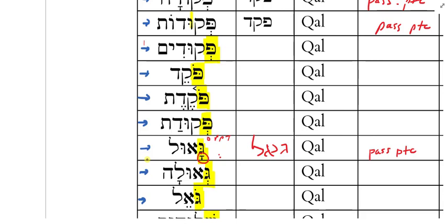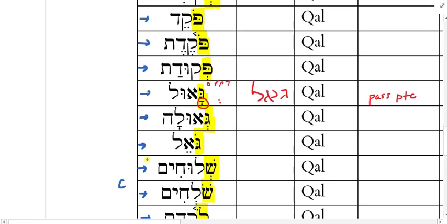Redeemed. It's the same in English. There's no difference in translation value. So Ga'ul and Ge'ulah mean redeemed, but this one describes a masculine singular and this one describes a feminine singular entity. Go'el. It's redeeming. Why? Because it's got a holem here. It's active.